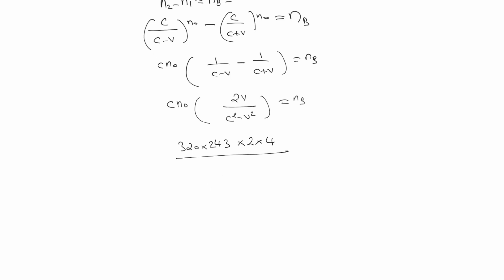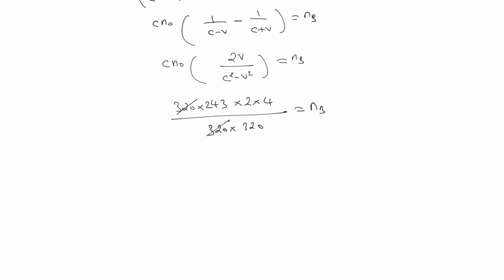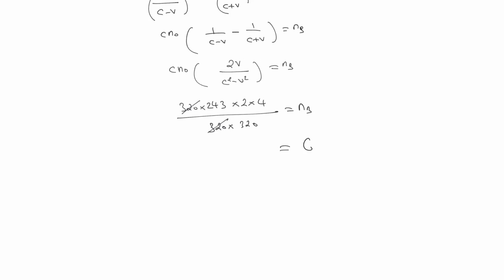As compared to the value of c, the value of v is very small, so we can approximate it as c square, that is 320 into 320. That will give the value of the beat frequency. So we can cancel this, and the value of the beat frequency will be around 6.